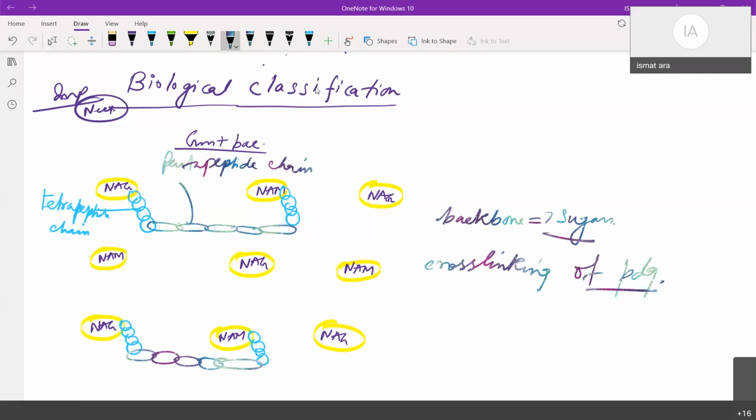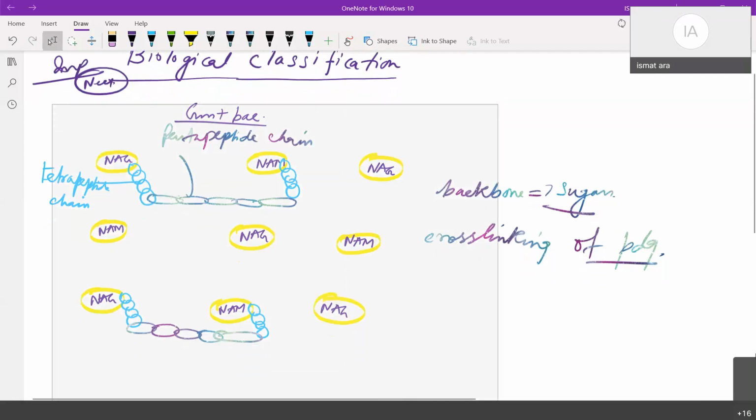Now it differs in gram negative bacteria. How it is different? I am showing it to you. This one is clear. Cross linking of gram positive bacteria. Students, is it clear? Ma'am. Okay. Now see how it differs in gram negative bacteria.